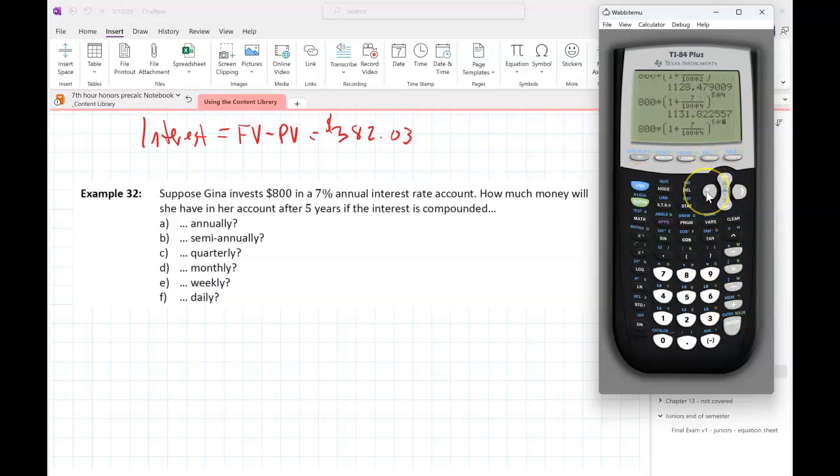Exactly. What if we go to monthly? This time it's a 3-fold increase. A little less than $3. Okay, let's go to weekly.